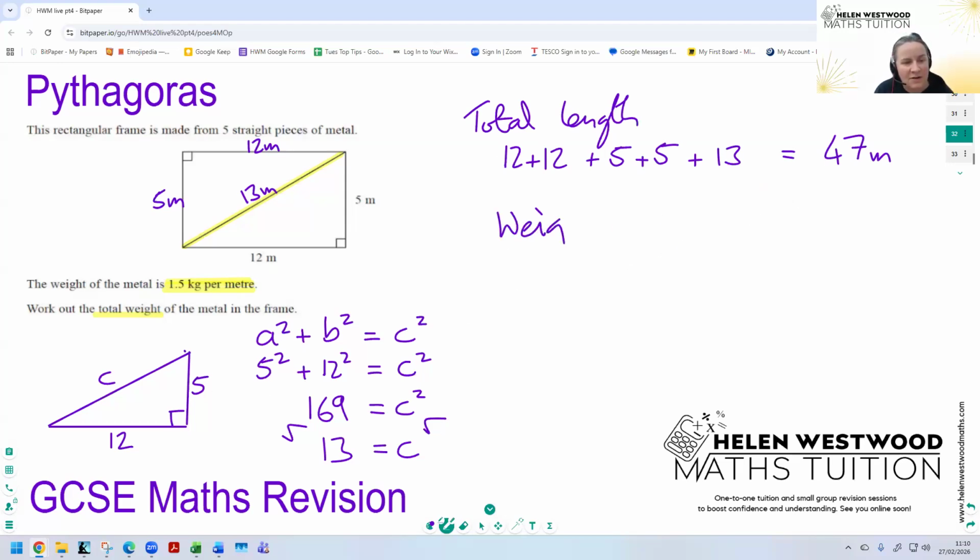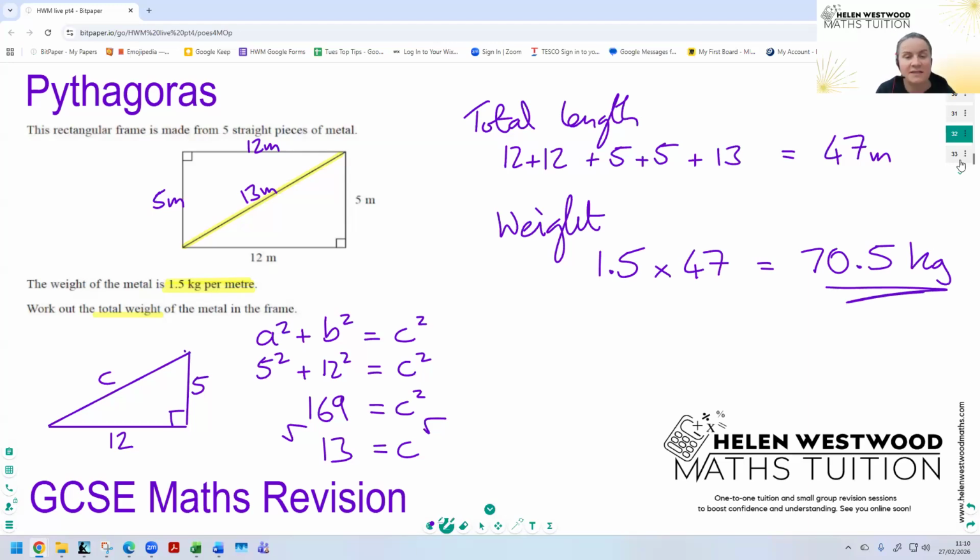So then to work out the weight, if we know it's 1.5 kilograms per meter, we're going to multiply that 1.5 by our 47, and that will give us a final answer of 70.5 kilograms. But you can see how Pythagoras there is that important first step.